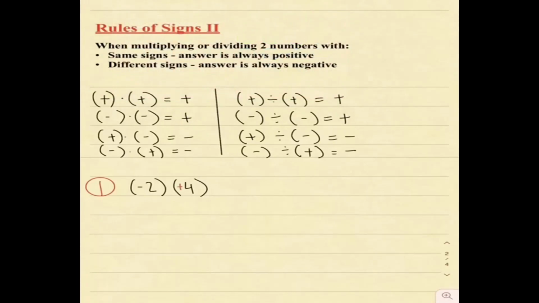Because anytime you see a number with no sign in front of it, you have to know that it's always a positive. So now I'm multiplying here. Now I have a negative number multiplying a positive number. If you look at the rules, it says that when you multiply numbers with different signs, the answer is always negative. So it's going to be negative. 4 times 2 is 8. So negative 2 times positive 4, the answer is negative 8.